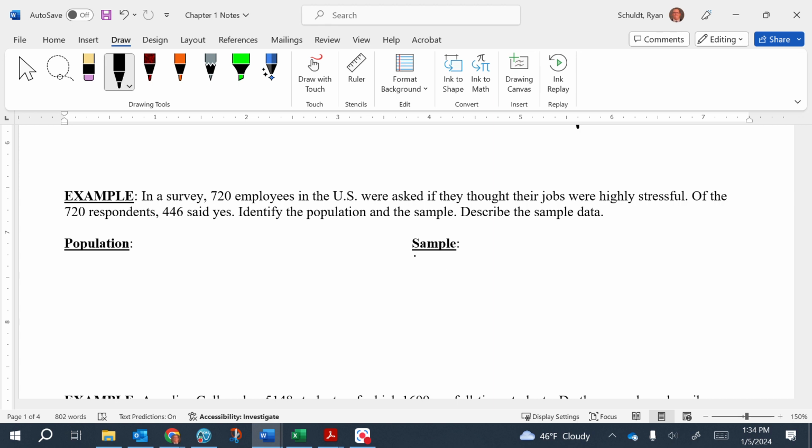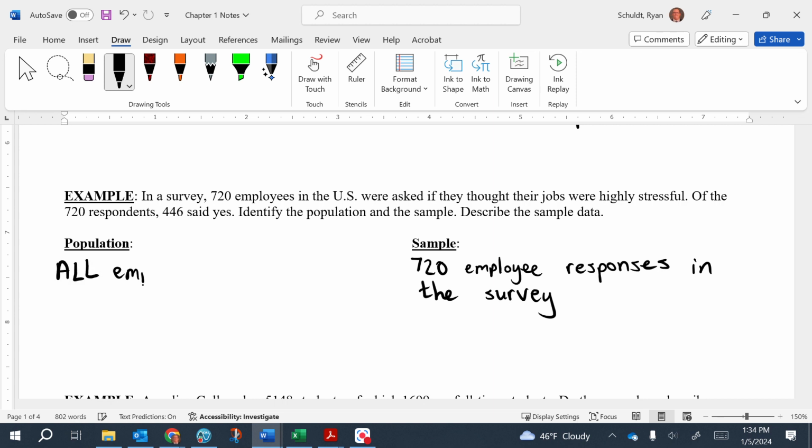The 720 that we collected data from, that would be our sample. Let me back up. It's the employee responses in the survey, not necessarily the employees themselves. That's our sample. The population would be all employees in the U.S.